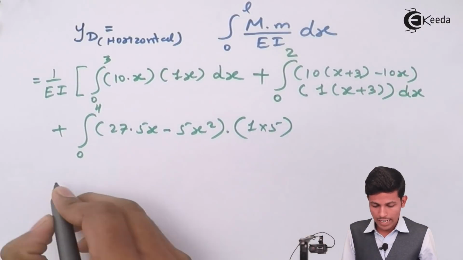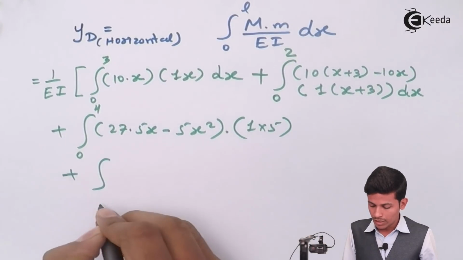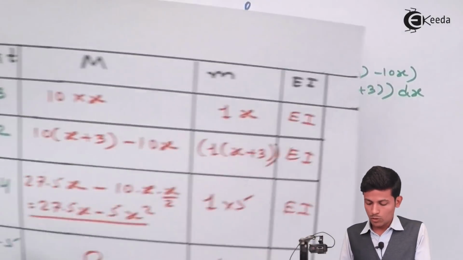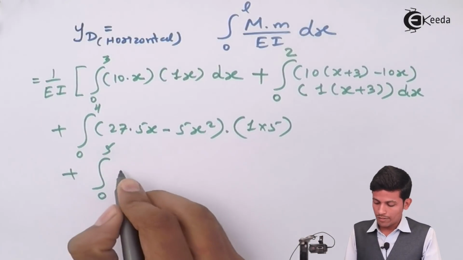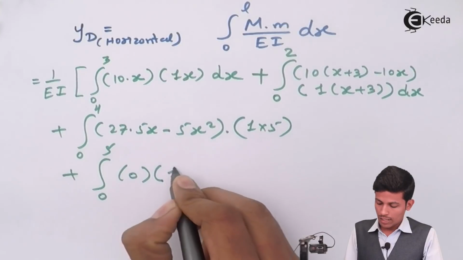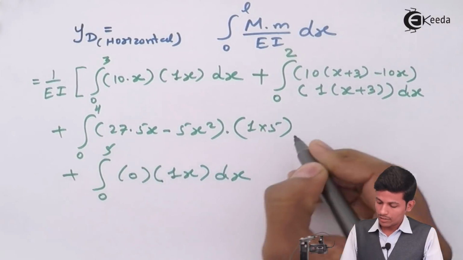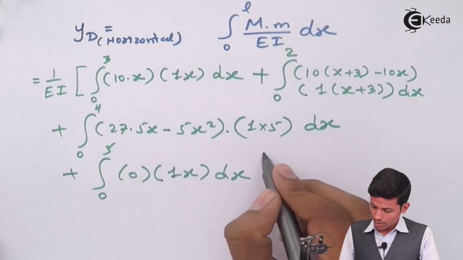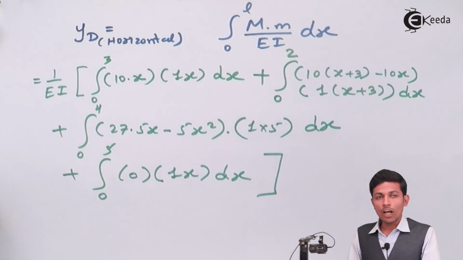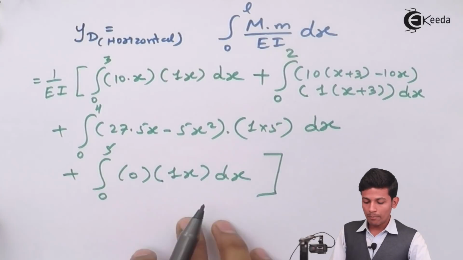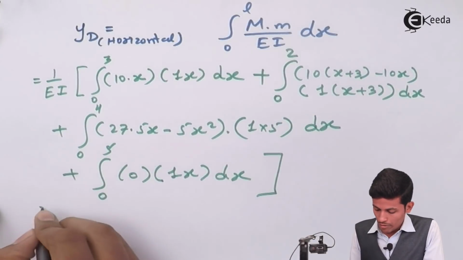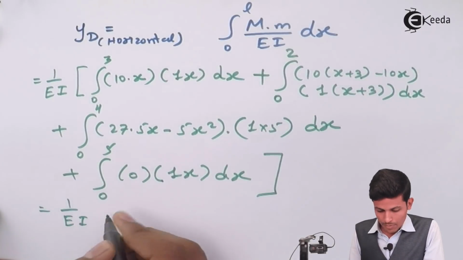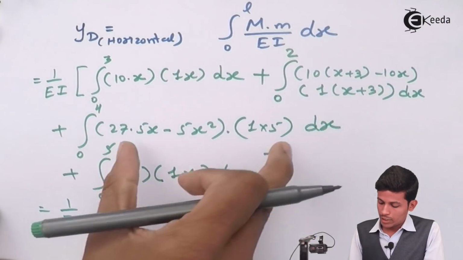After that, plus integration 0 to 5, this will get 0 and this will get 1x dx. This is also with dx. Now close the bracket. Now you have done all the numerical parts and now solve it one by one. Solve first this part, then this part, then this part, then this part.